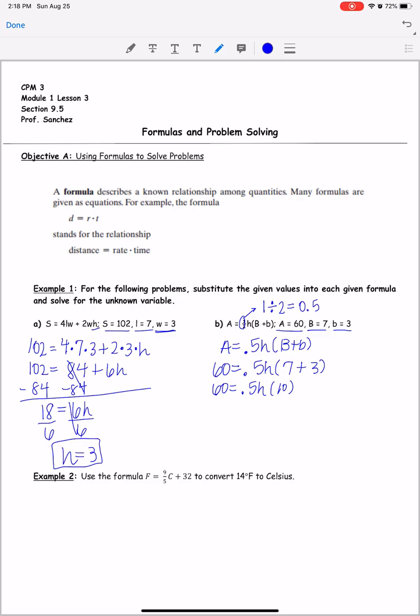So now multiply. 0.5 times 10 is going to give me 5. So I've got 60 equals 5H. Okay, so again, what I did is 10 times 0.5 or 0.5 times 10, however you want to do that. And then divide both sides by 5. And we get H to equal, what is that? 12.